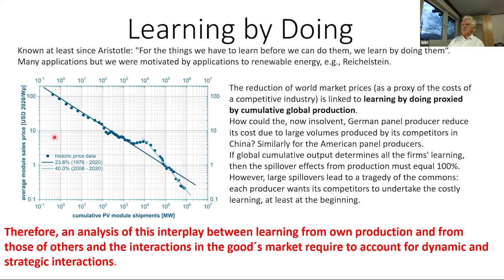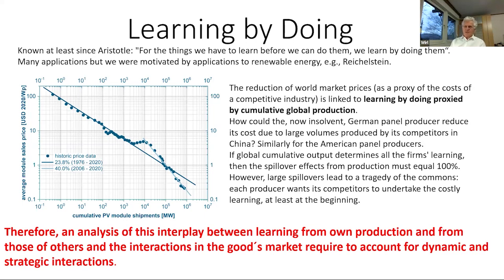Okay? So what these people do is they plot here the costs for photovoltaic modules against the globally cumulative production of photovoltaic modules. Okay? And then, of course, you may argue, can this be learning by doing? How can the German, now bankrupt photovoltaic panel producers learn by what the Chinese produce? So if this is the case, then there must be very strong spillovers.